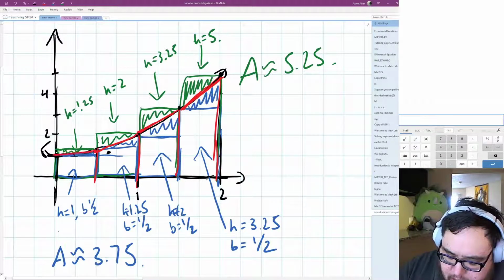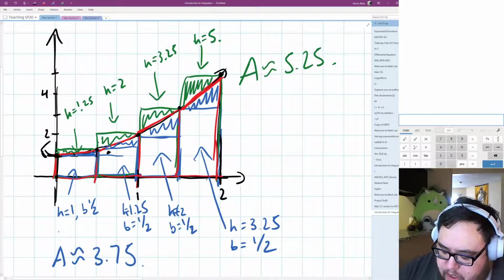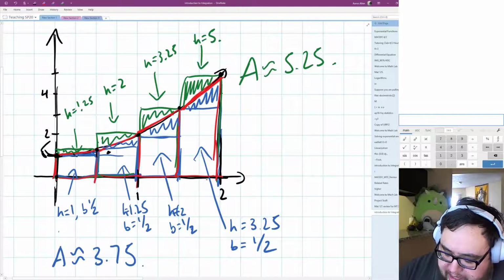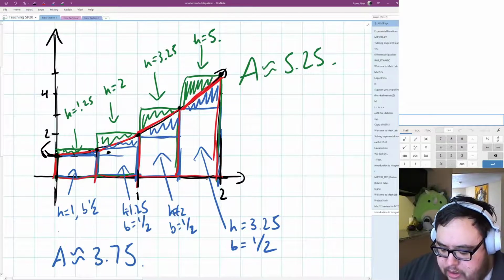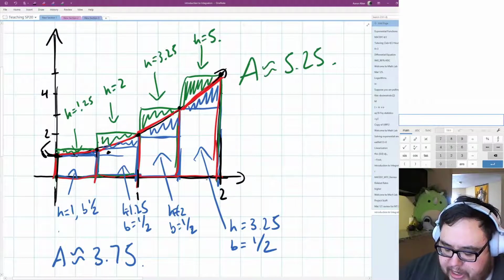So essentially, we're sort of de-resing the curve. Instead of having a really nice smooth curve, we're taking these nice straight geometric edges, right? And we're finding the area of the trapezoids that we find this way.